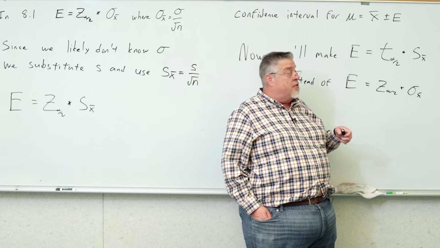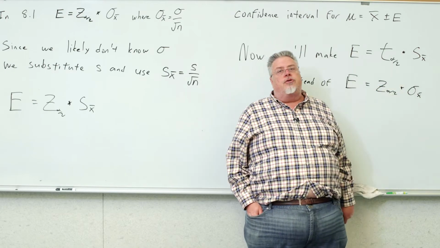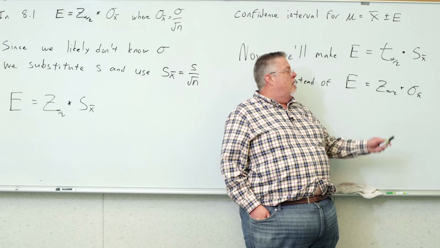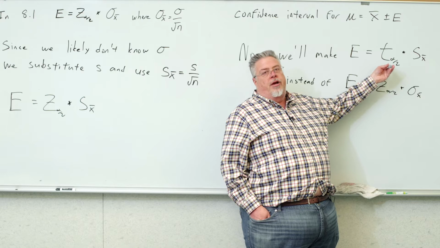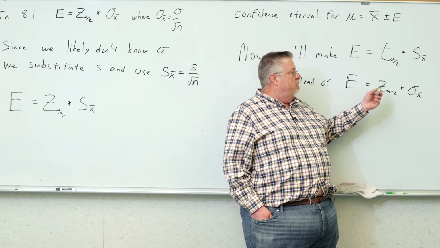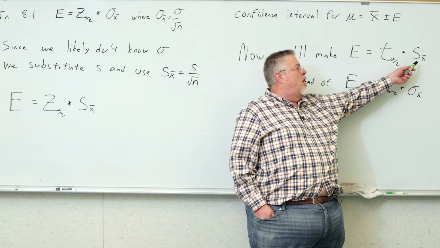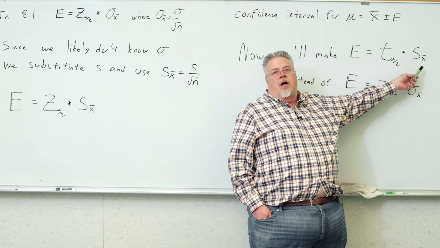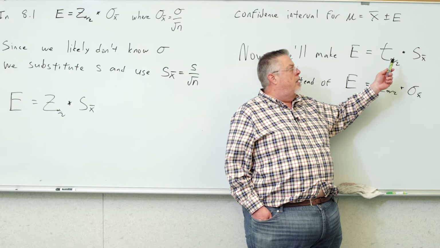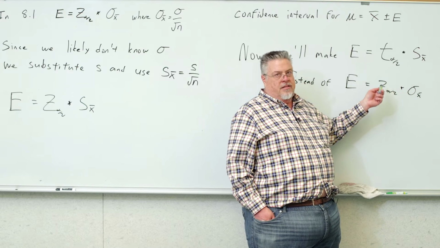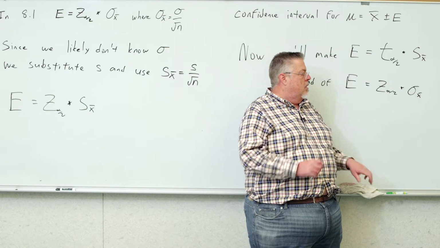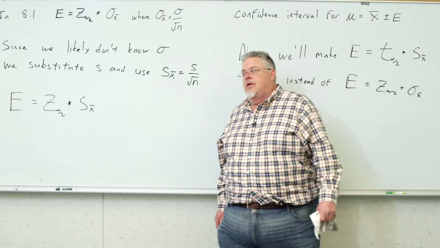So for our purposes, what the t distribution is going to do is it's going to compensate. I'm going to have something a little bit bigger here to make up for the fact that this is a little bit too small. If this is a little bit too small, smaller than this, I'm going to put something a little bit bigger in here, bigger than this, to compensate, and hopefully those will balance themselves out.